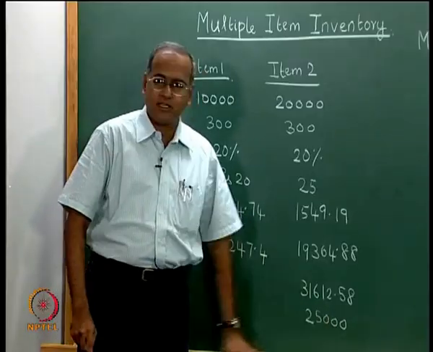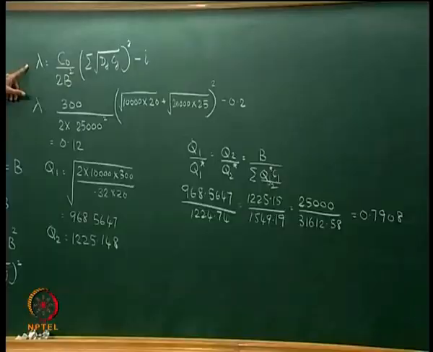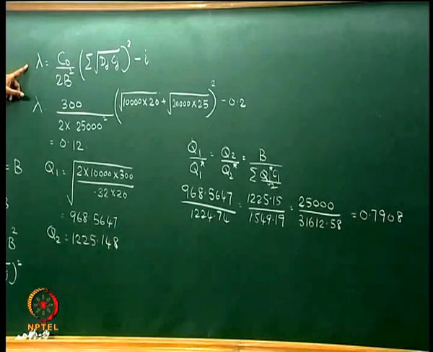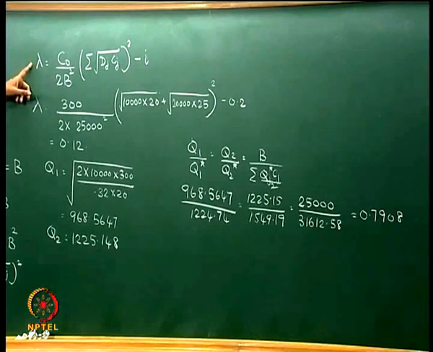If it was 35,000 and if we had blindly used this formula to get lambda, then we would get a negative lambda here. If we substitute B as 35,000 instead of 25,000, we would get a negative lambda.